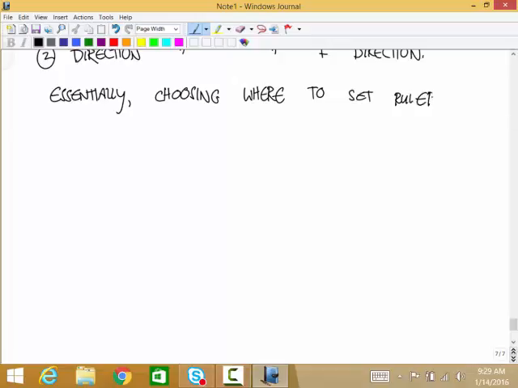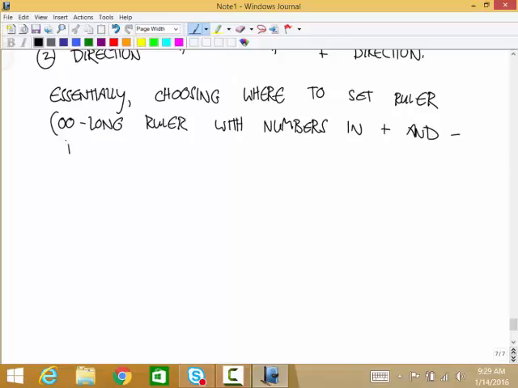The only difference is that this ruler is infinitely long, and it has marks in the negative direction, too. But that's pretty easy to imagine. So it's an infinitely long ruler with numbers in the positive and negative directions.